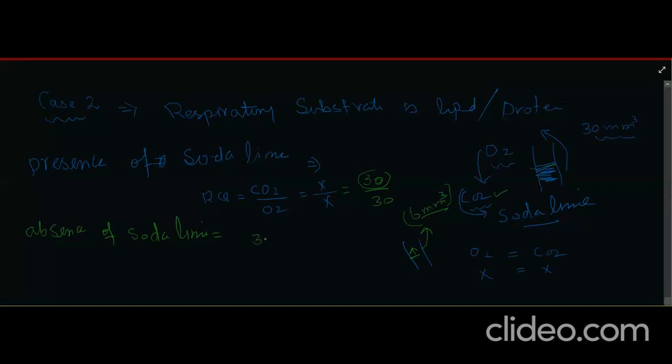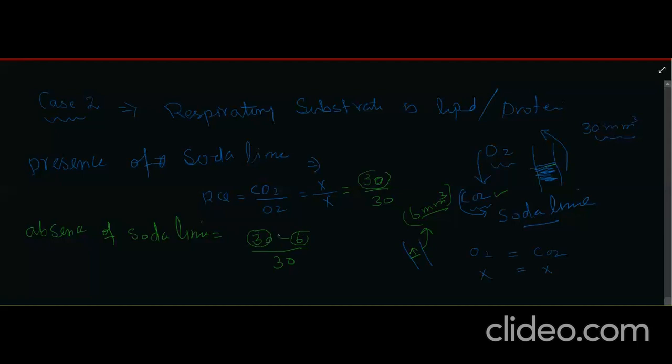So 30 minus 6, right? Divide by 30. Now the upper value means carbon dioxide, this 30 indicates the carbon dioxide evolved in the presence of soda lime, and this shows the volume of oxygen utilized in the absence of soda lime.